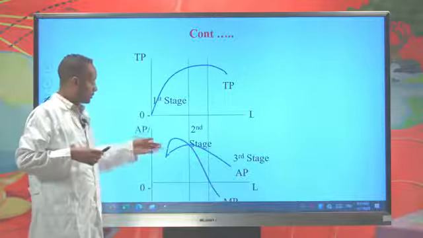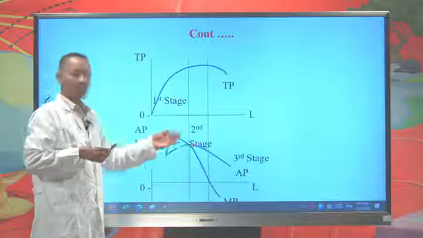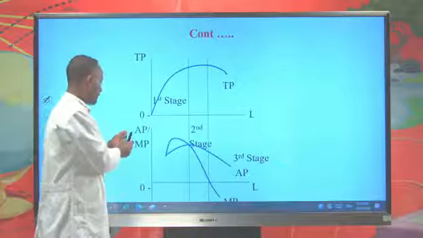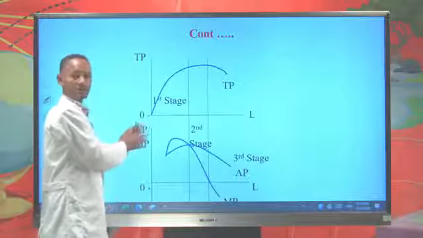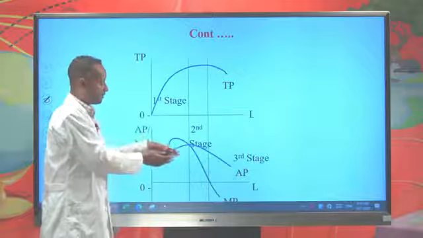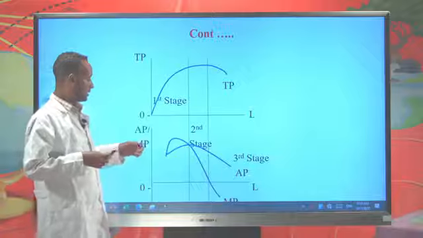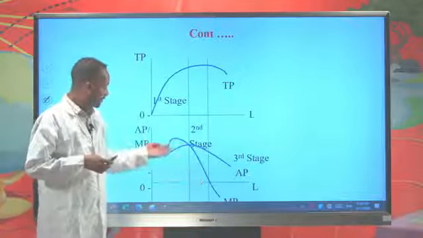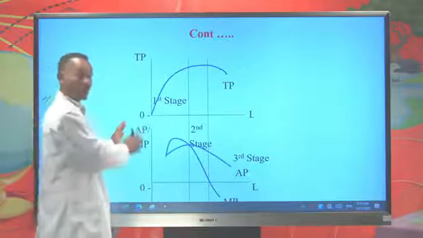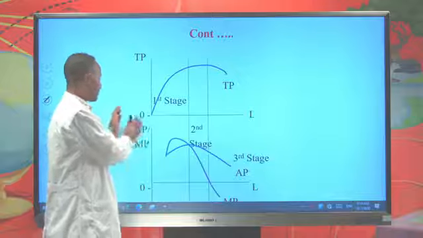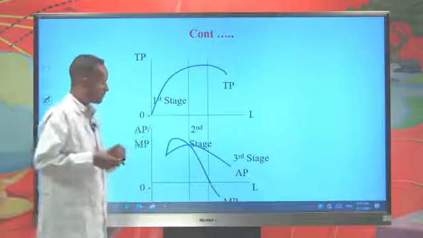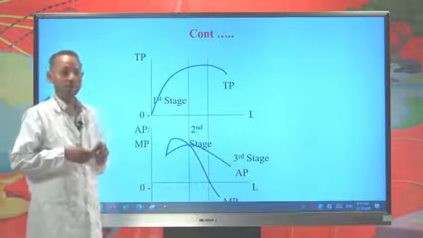Again, in order to plot the average product of the variable input labor, just represent all the values of average product on the y-axis and all the values of the variable input labor on the x-axis. Similarly, in order to plot the marginal product of the variable input labor, just represent all the values of marginal product on the y-axis and all the values of the variable input labor on the x-axis.